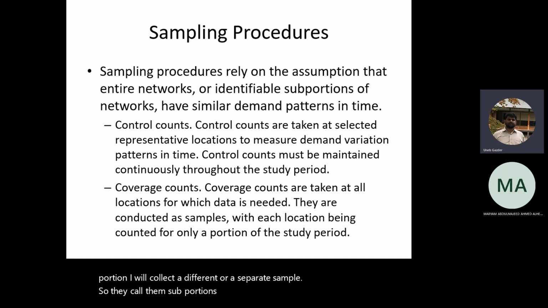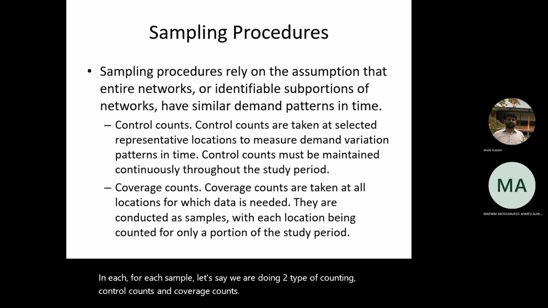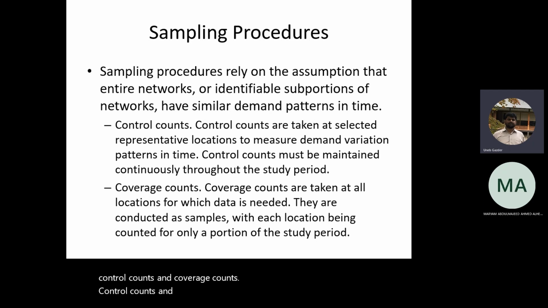In each sub-portion, we have two types of counts. For each sample, we are doing two types of counting: control counts and coverage counts. So in each portion, I have some locations which are coverage counts, and I have some locations where I'm doing control counts.